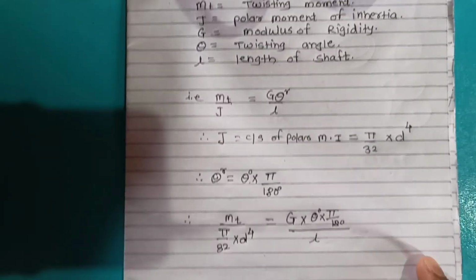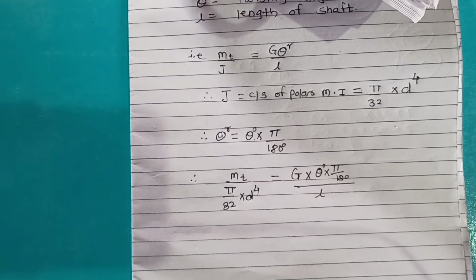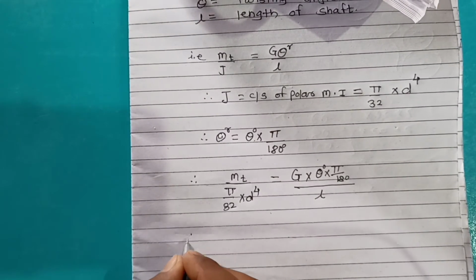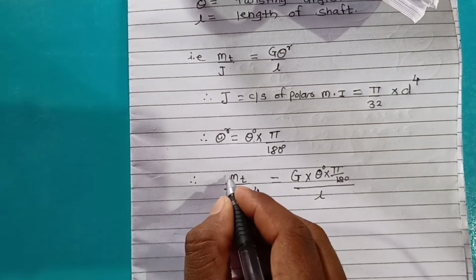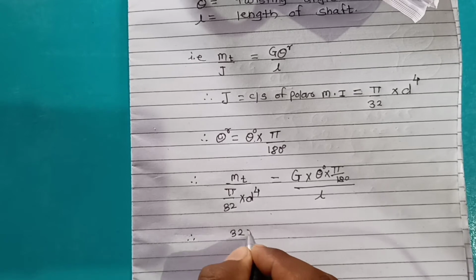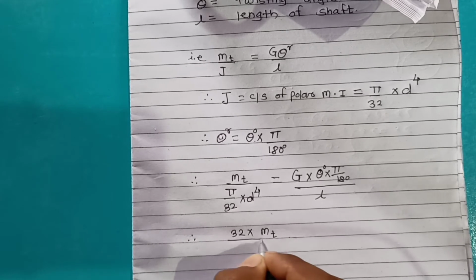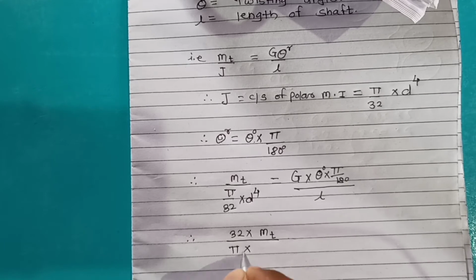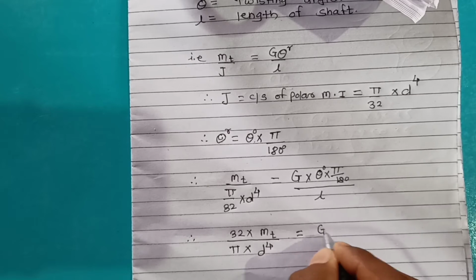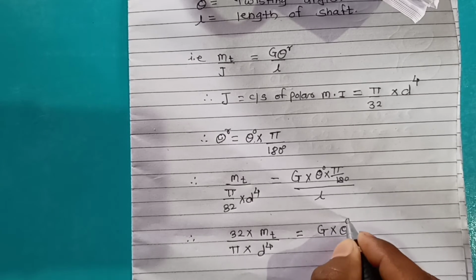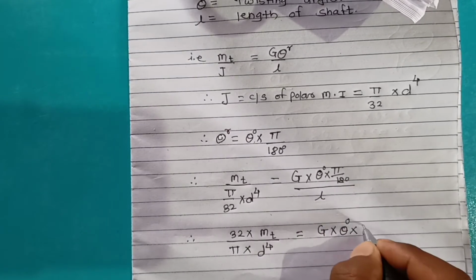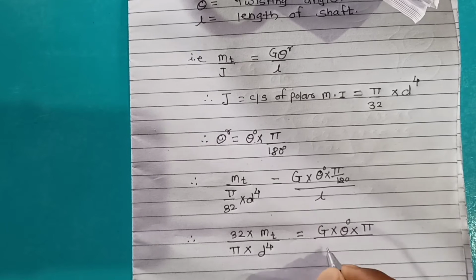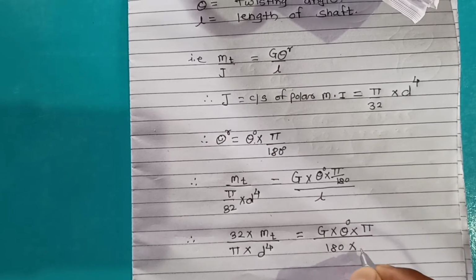Now rearrange the equation: 32 into Mt divided by pi into d raised to 4 is equal to G into theta in degrees into pi by 180 into L.